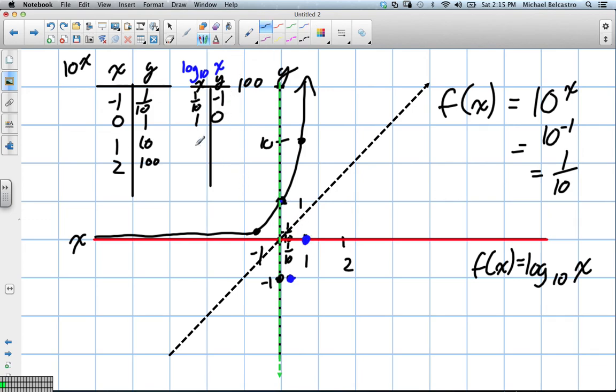The next one's going to be what? It'll be 10, 1. So if we were to jump across this, we'll say that this is roughly 10. We know it's not quite to scale. And this is 10 and 1 here. And then the other one would be 100 and 2. So in other words, here's the general idea. We're very close to the y-axis.